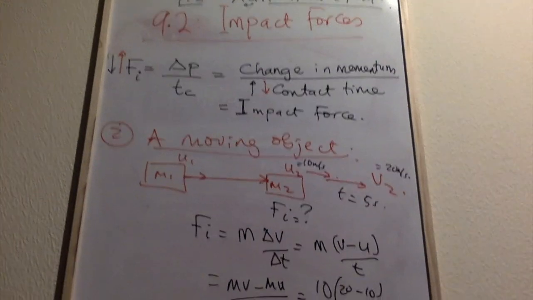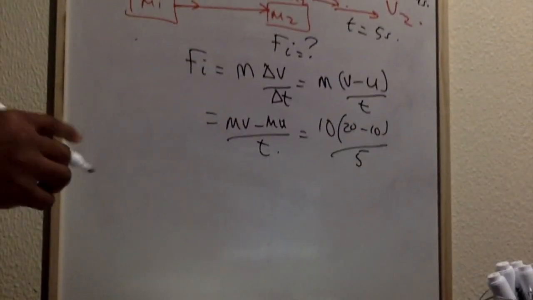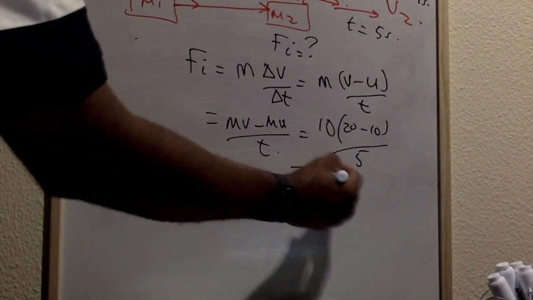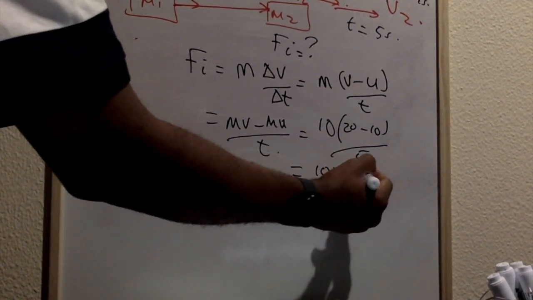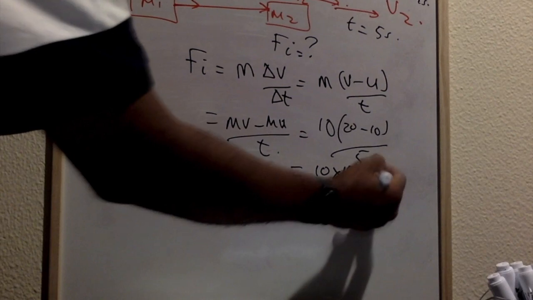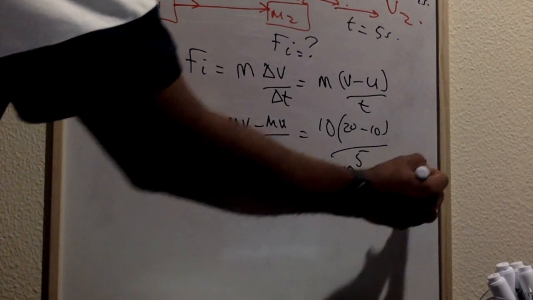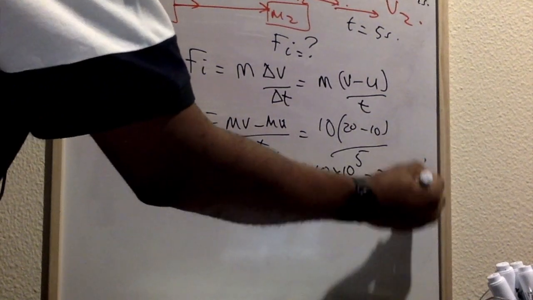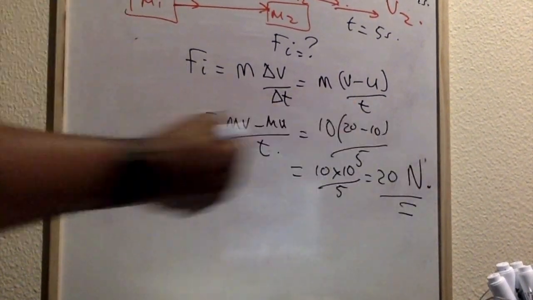If you look at that, that's going to be 10 times 10 over 5, which is 100 divided by 5, and that is 20 newtons. So it's very important to have the right unit.